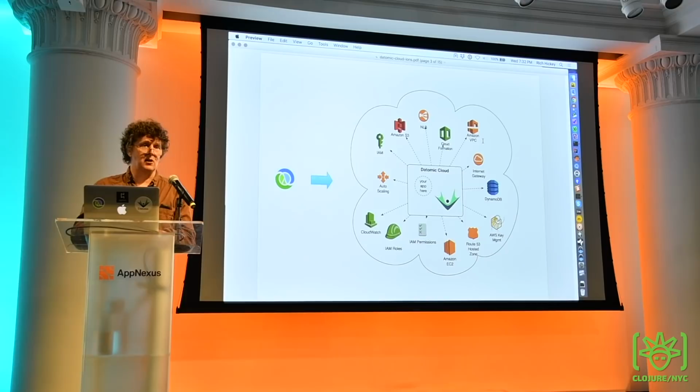We create key management keys. I talked about the Dynamo table, the internet gateway necessary to talk to other services, and the network load balancer. So we're doing all this stuff, and Datomic Cloud is all happy, and you're getting essentially this instant database that's integrated.